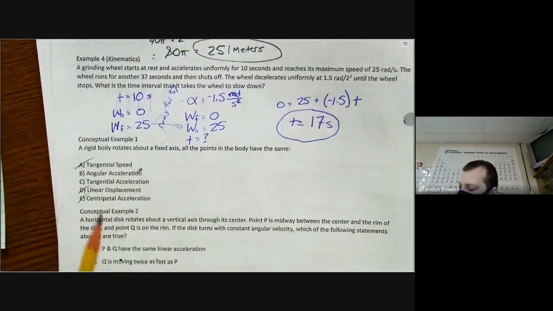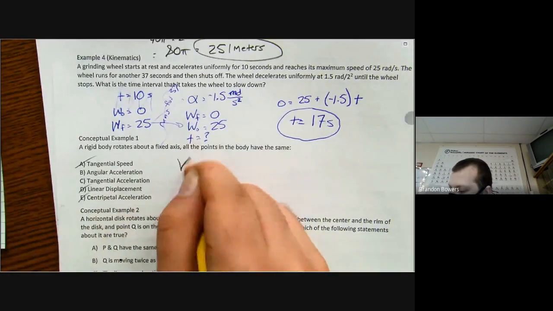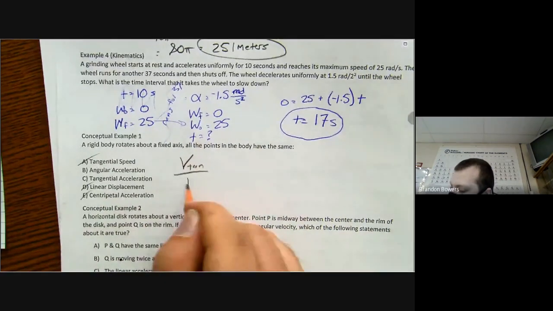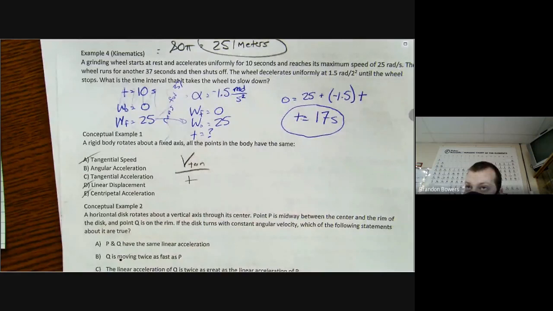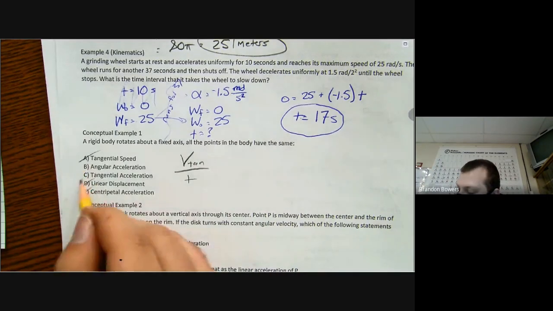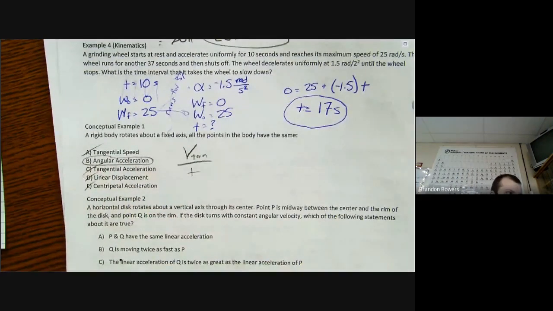Now, do we remember what tangential acceleration equation is? Velocity tangential over time. So this doesn't matter. Does this matter? No. I got it right. I circled it. Angular acceleration. Thank you.